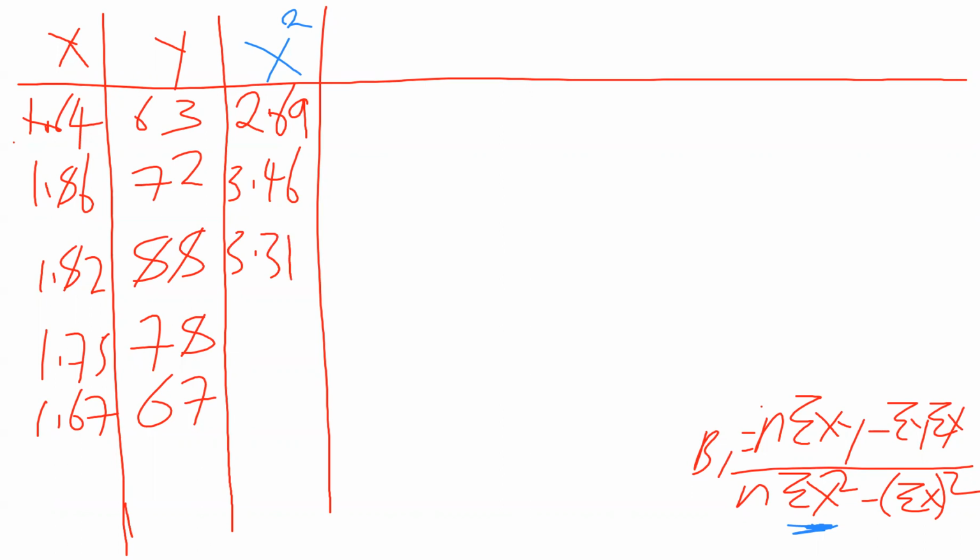What about 1.75 squared? 3.06. What about 1.67 squared? 2.79.